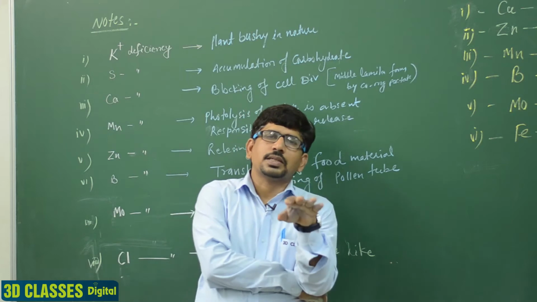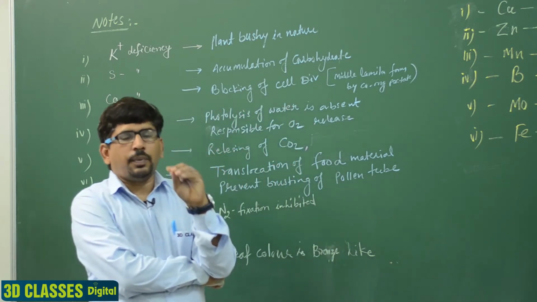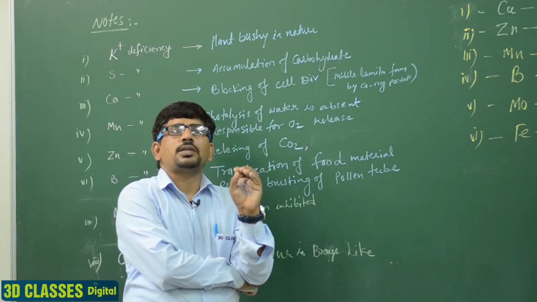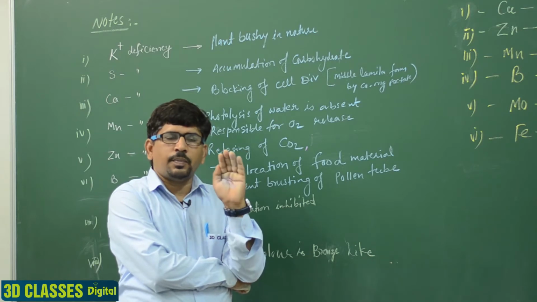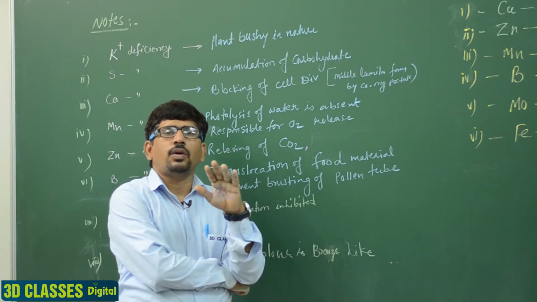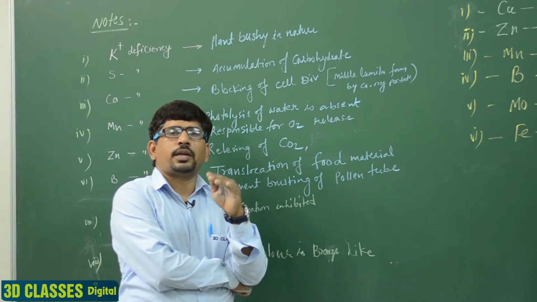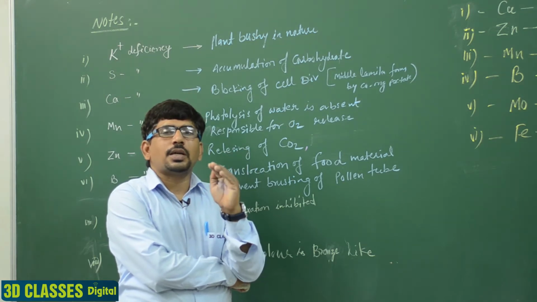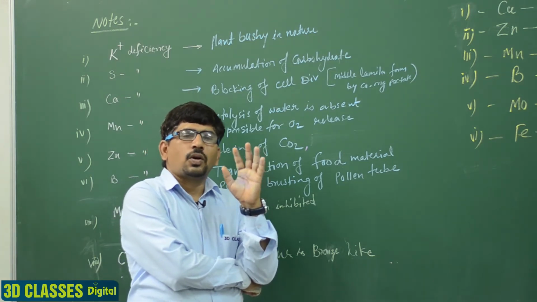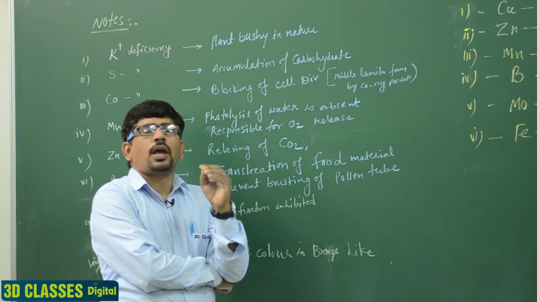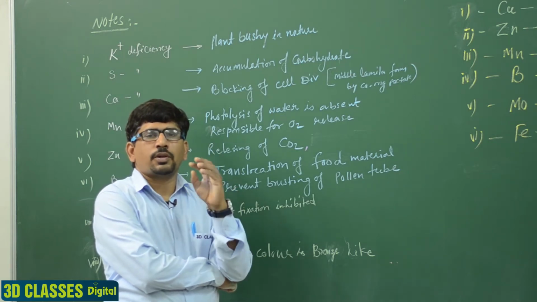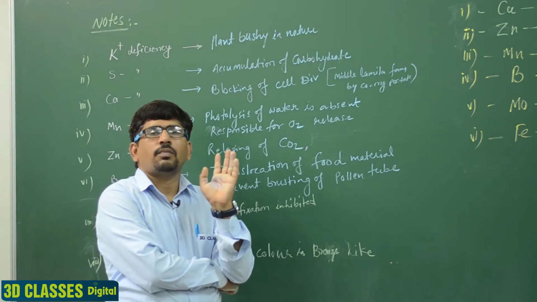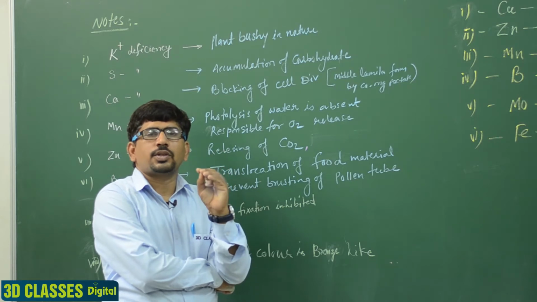Today we will summarize the table of the essential elements. The 17 elements are essential, micro and macro: 9 are macro and 8 are micro. These cause diseases and particular symptoms on the plant morphology, the plant structure.